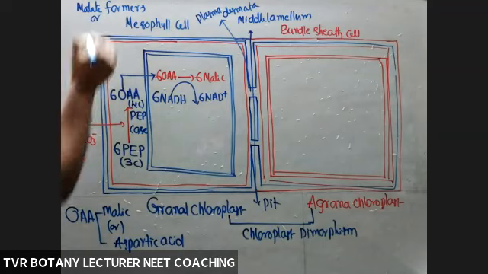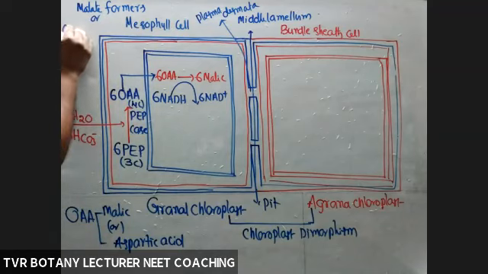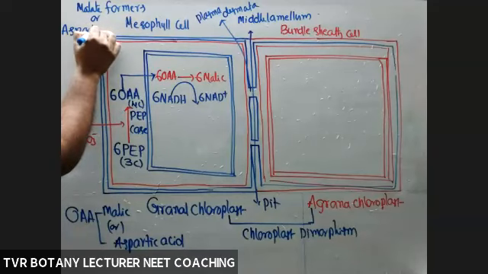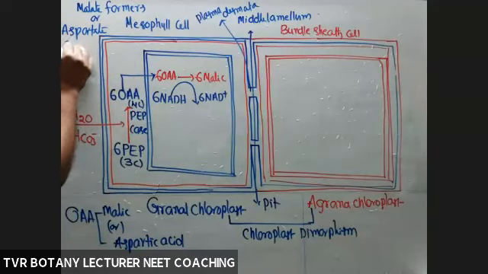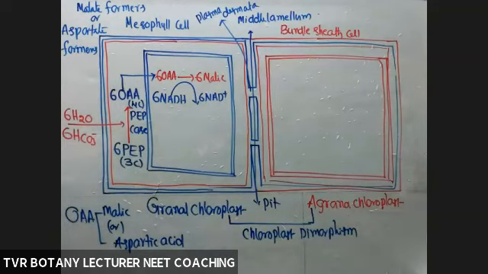Or if it is aspartic acid, aspartate formers. Formers means producers. So C4 plants are either malate producers or aspartate producers. It depends on the type of the reaction. If it is reduction, malic acid. If it is transamination, aspartic acid.